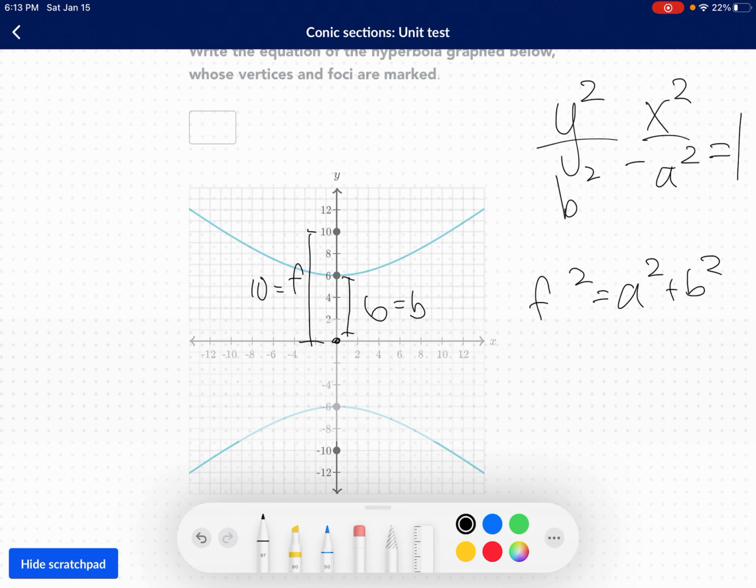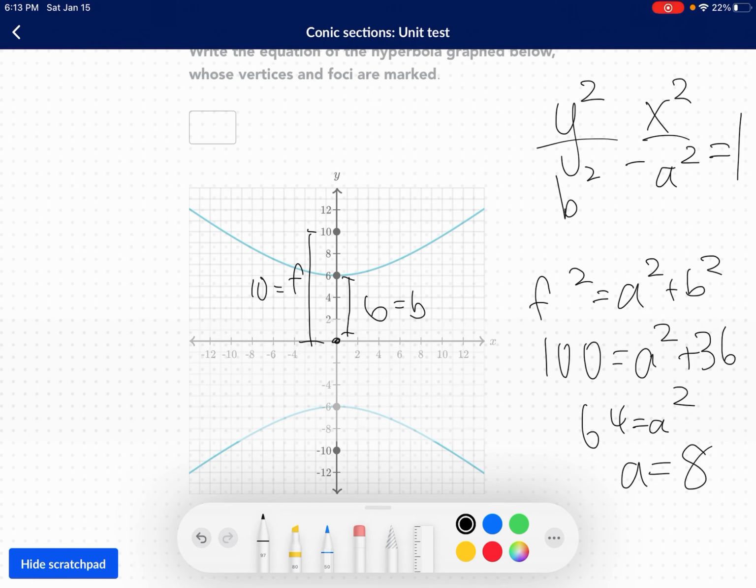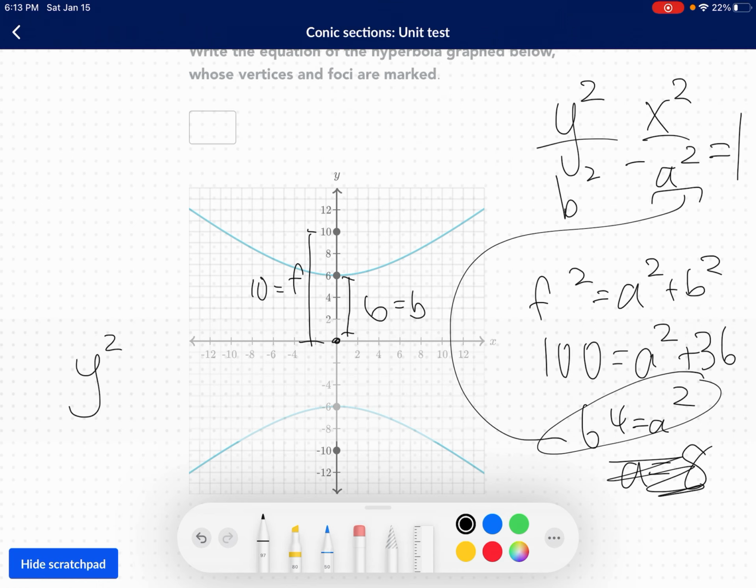I'm going to try to find a here. f squared is 100 because 10 squared is 100. a squared, that's what we're trying to find, plus 36 because 6 squared is 36. Subtracting 36 on both sides, 64 equals a squared, and a should equal 8. Substituting, we actually don't even need that because the formula has a squared. So it should just be y squared over 36 minus x squared over 64 equals 1.